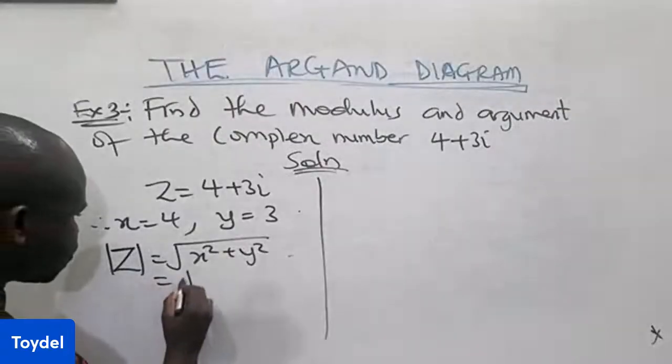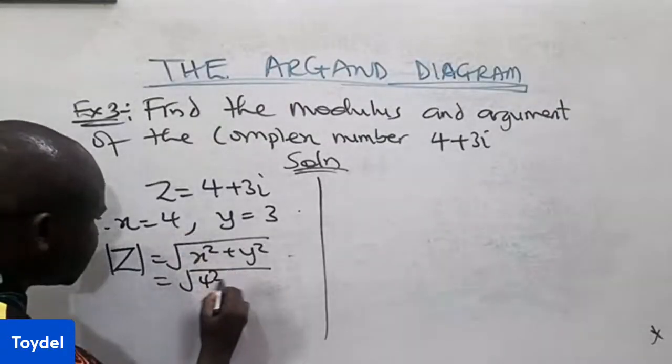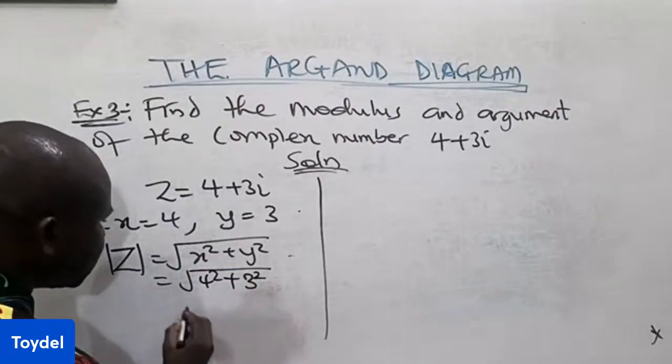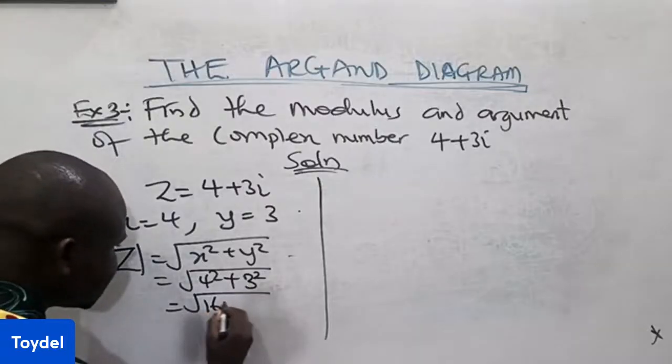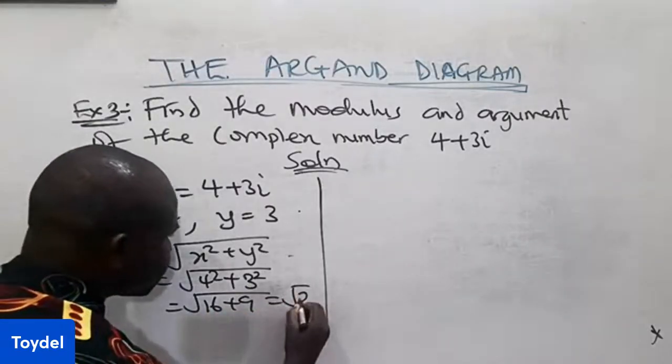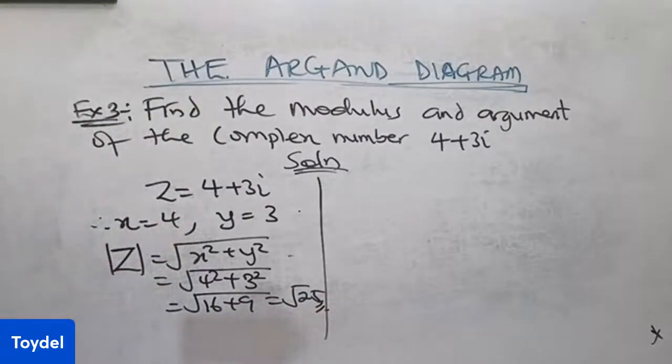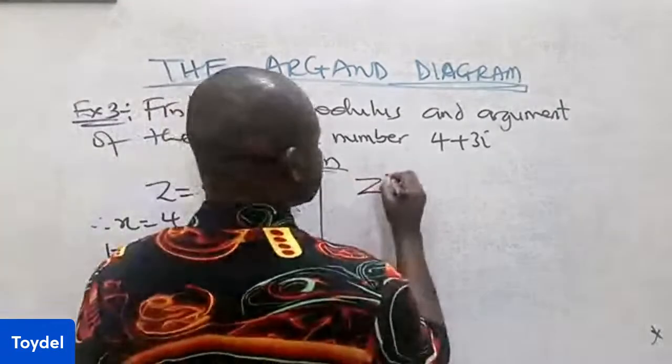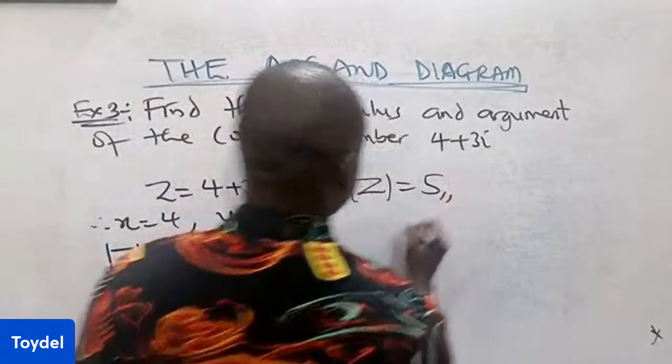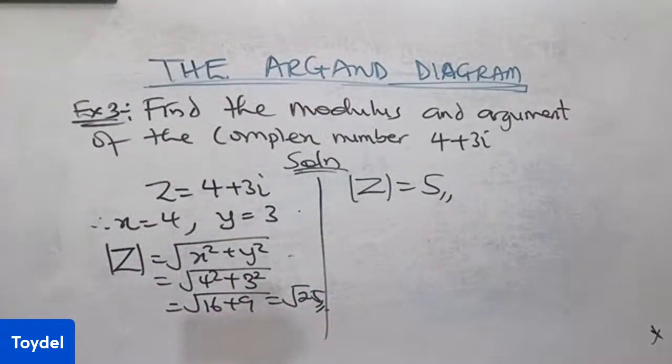This will be the square root of 4 squared plus 3 squared, then the square root of 16 plus 9, which is the square root of 25. So the modulus will be equal to 5, because the square root of 25 is 5. If you have to find the modulus, just find the square root of the real part squared plus the imaginary part squared. And that's what we are going to get.